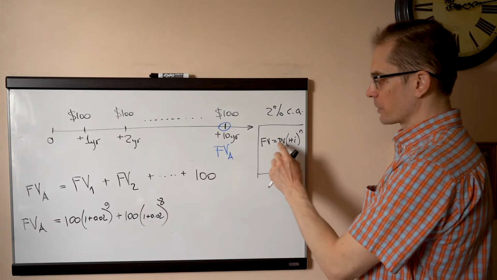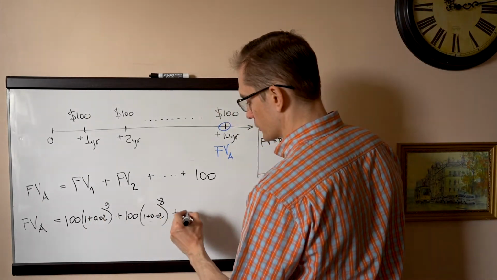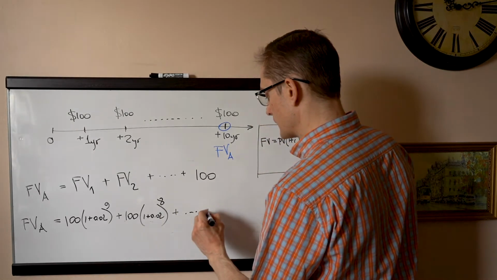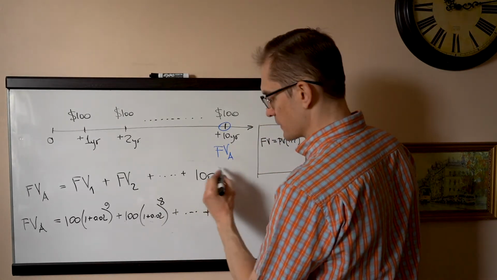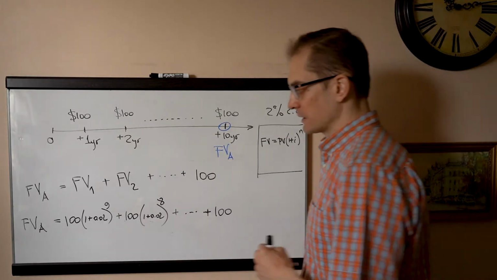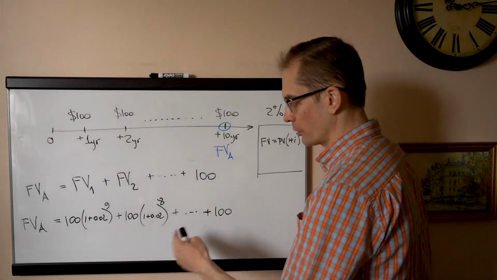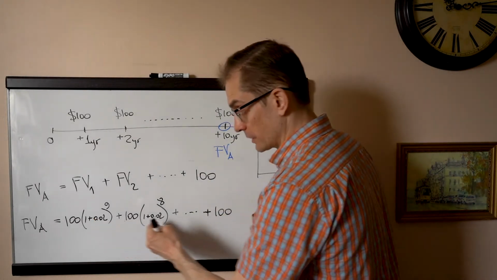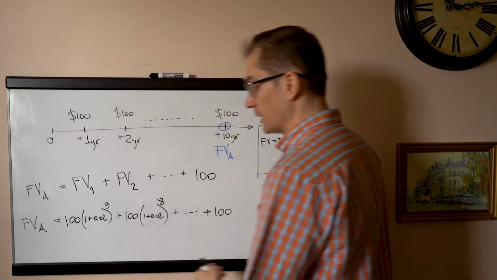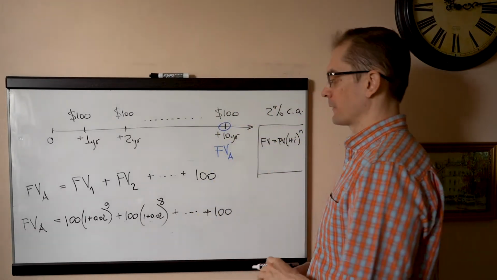So we use this formula for future value to find each of those future values, right? And plus $100, which is this last $100. So you can imagine that there are 10 terms here, which if we calculate separately and add up, we will get that future value of annuity.